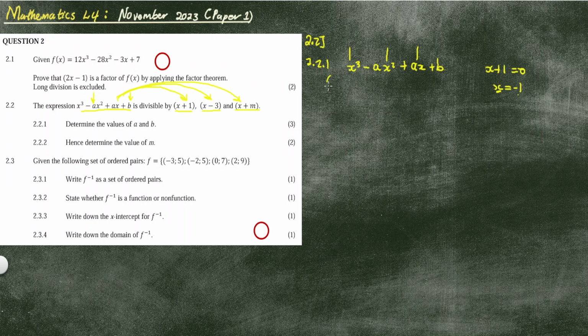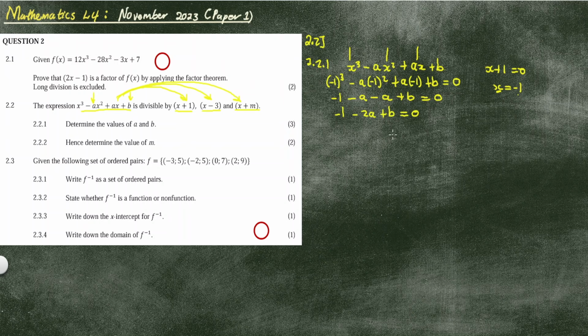So when I substitute minus 1 for every x variable, I should get 0. So it's minus 1, minus a, minus a, plus b equal to 0. So we're going to have minus 1 minus 2a plus b equal to 0.